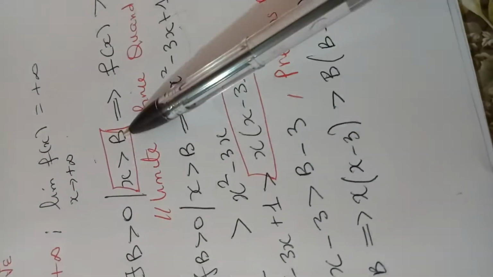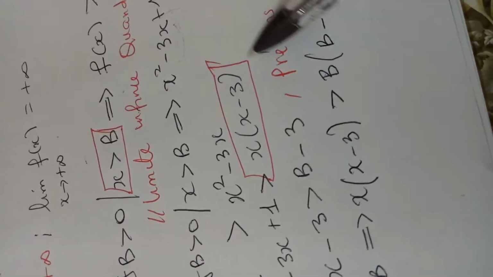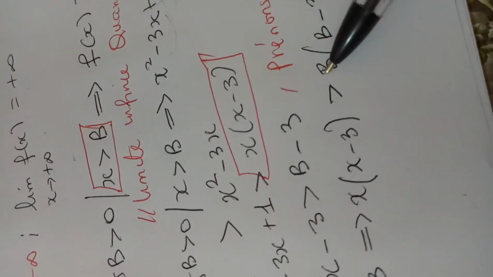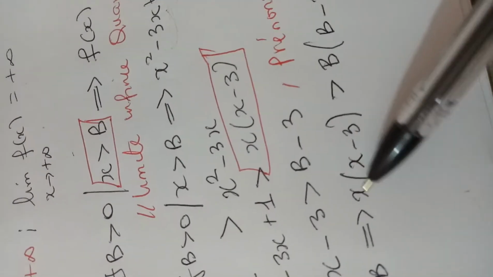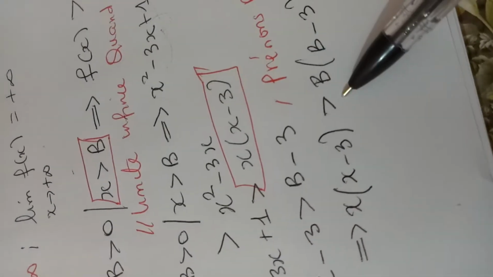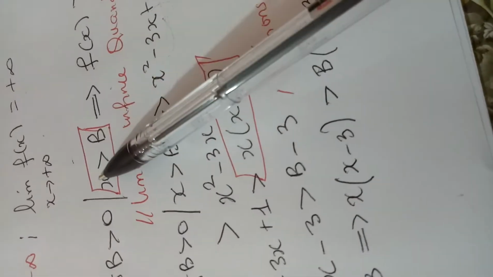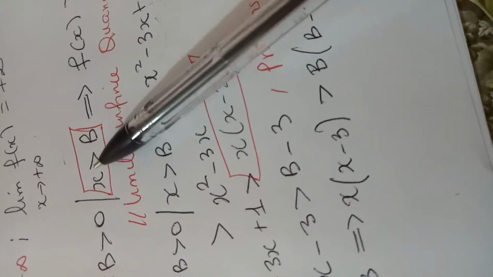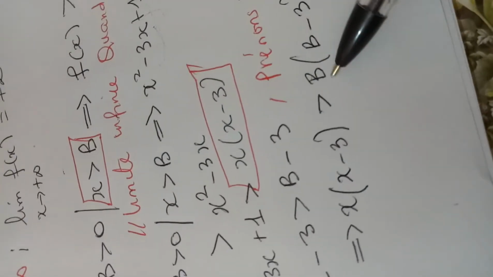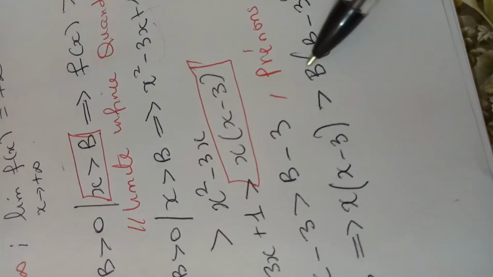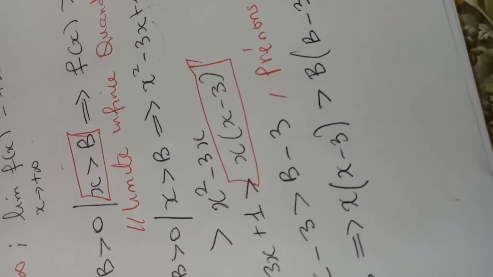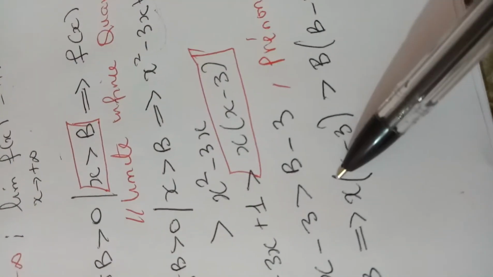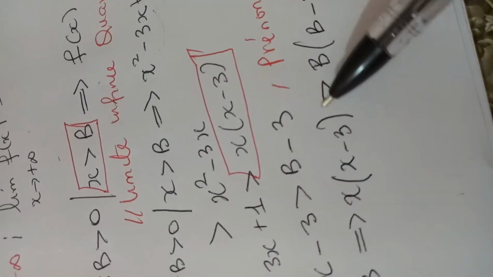Because what are we trying to get? We're trying to get this x greater than b. So you might be asking, why didn't I do x here? Since I multiply it by x, here should also be by x? Remember what we are trying to find. If we do that, we are going to start changing the formula that we want. So that's why it is right for us to go ahead with using b instead of x, multiplying both sides by x.